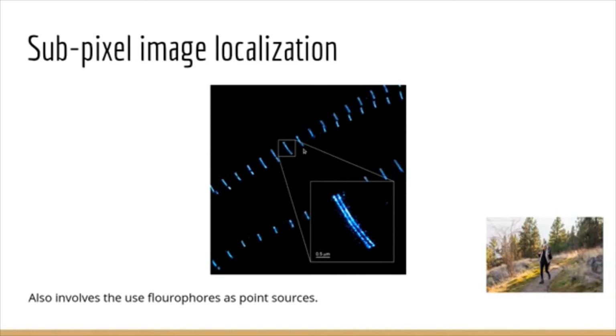What happens is, when a single point source is illuminated and you have 10 pixels arranged horizontally, the intensity of the light from the point source to each of them is going to be different, and using the difference or deviation in the illumination per pixel, it can be reconstructed into a more finite location. Rather than saying that the point source is present only within a pixel, you can say that within 1% of the area of a pixel, that point source is present.